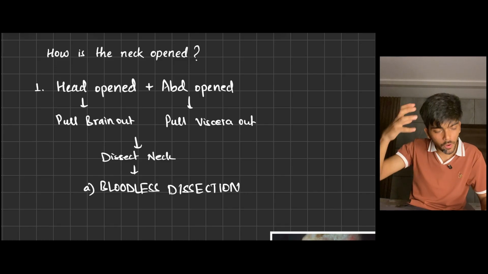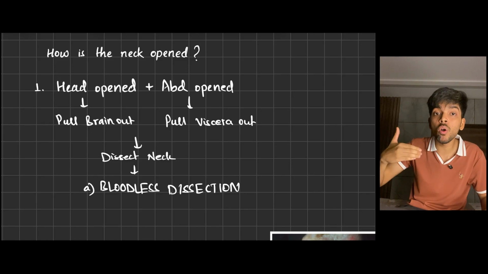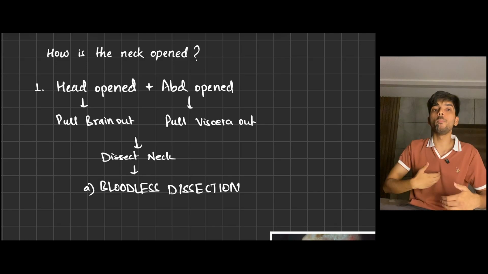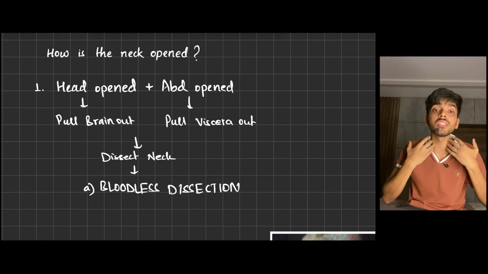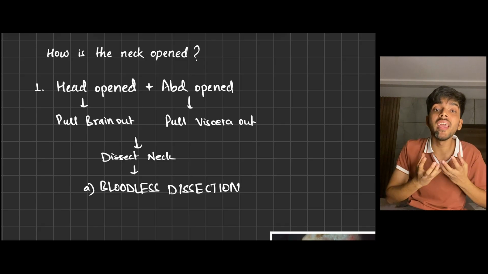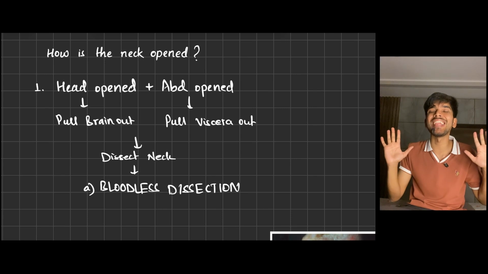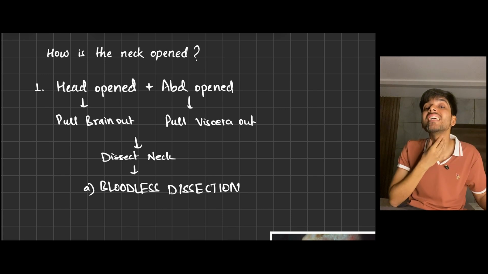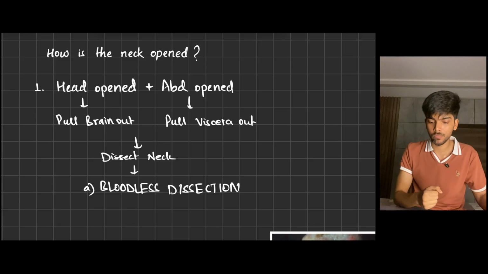So what you do is you first open the head, remove the brain, that will decompress the compressed veins. Similarly, open the abdomen, remove the visceral organs, again decompress the compressed veins. And then when you open the neck, there are no longer compressed veins, the veins have been decompressed, they are relaxed. So you get a bloodless area in the neck. This is referred to as bloodless dissection.